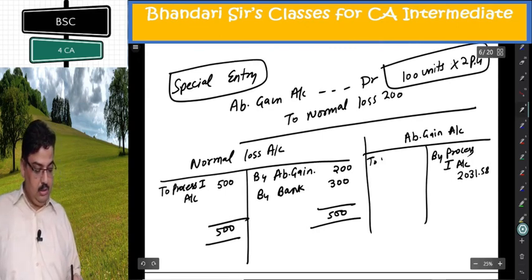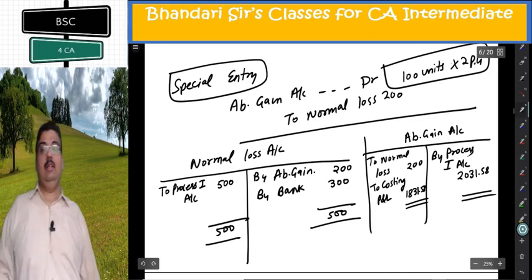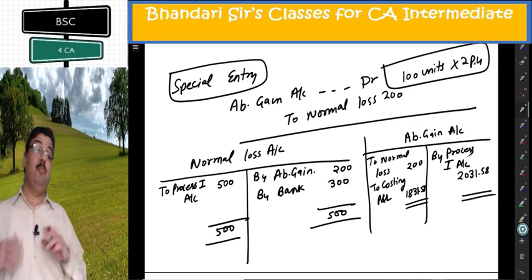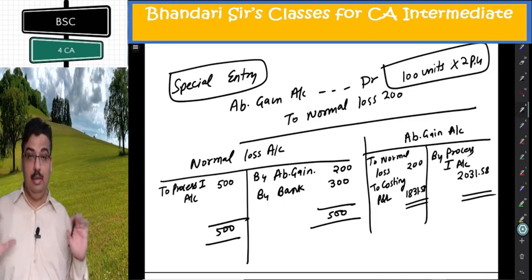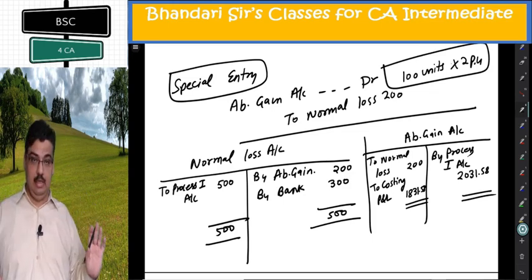To normal loss, 200. To costing P&L, balancing figure, 1831.58. This is a complete account that you need to understand. These were all the examples related to losses and gains.